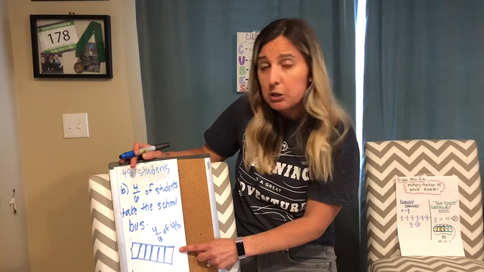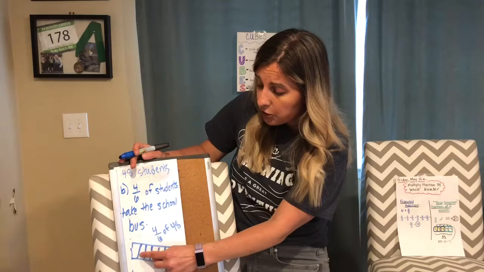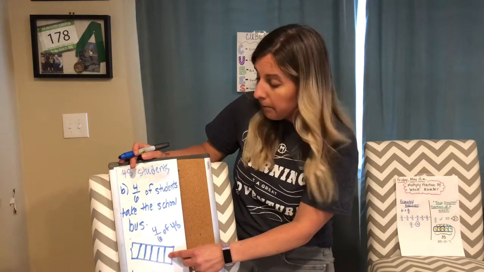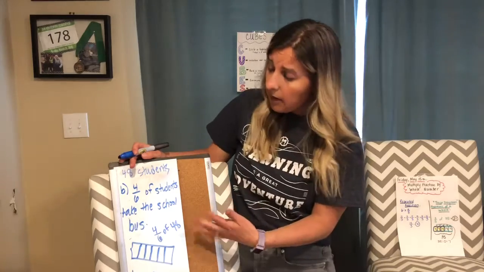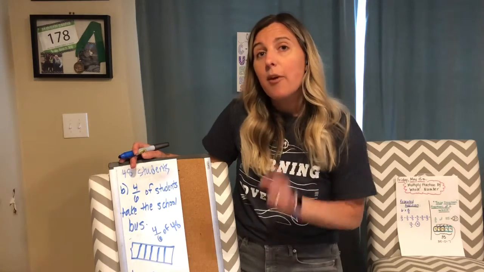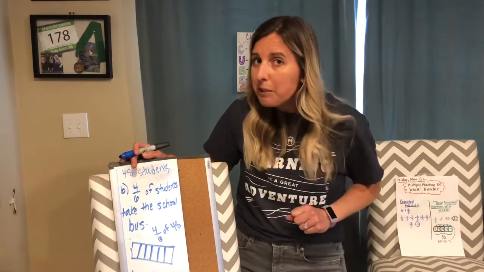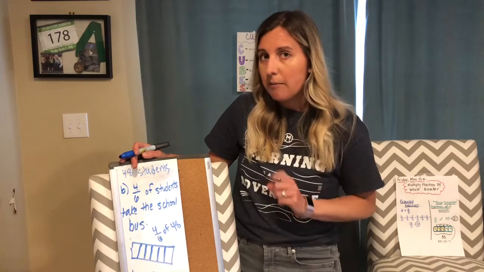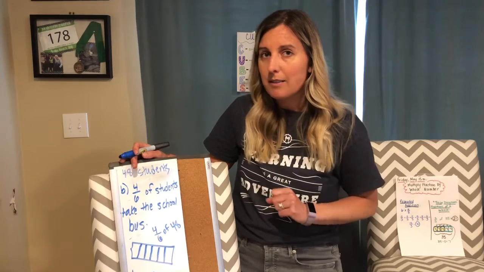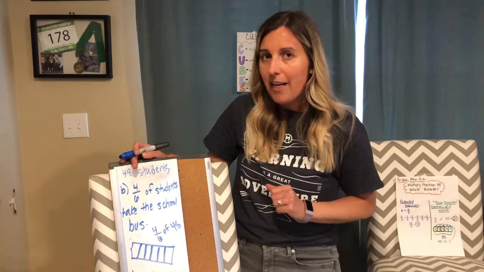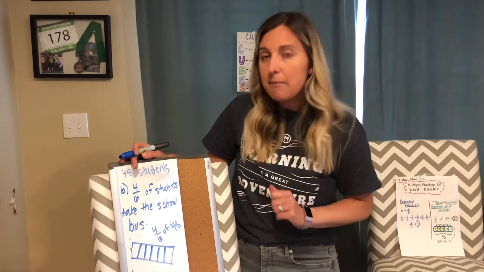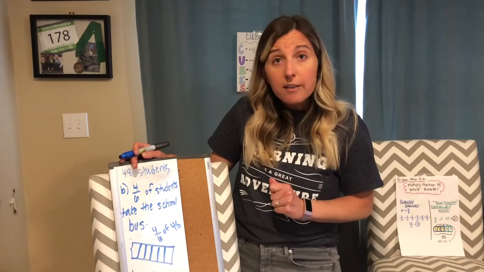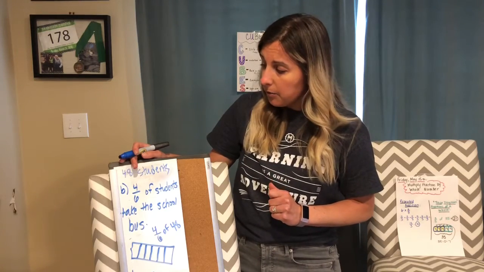So remember to do some division to get you that number in the box. Okay, and then you'll finish this one, and then you'll go on to part C. Be really careful when you read part C. They may try to trick you in part C, but I know you're smarter than them, so you can figure it out. Draw a model, make sure you read carefully, and you'll be just fine.